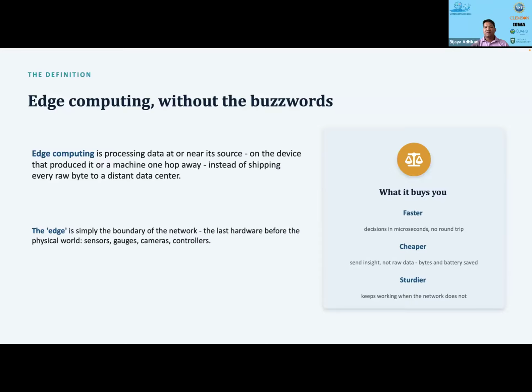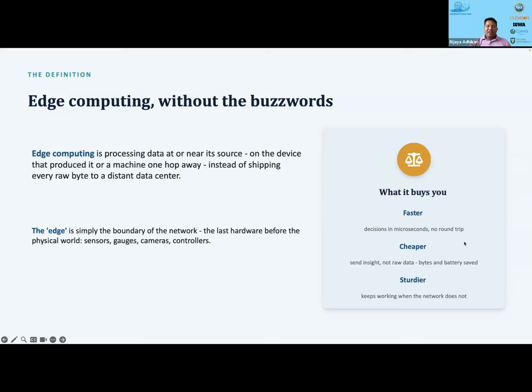If we send insights and not the raw data, or even if we send the raw data that's most meaningfully sampled, then it's cheaper. Both the bandwidth and the batteries are saved. It's also sturdier: if we move the computing toward the edge, it works even when the network communication fails. So it has a lot of advantages.